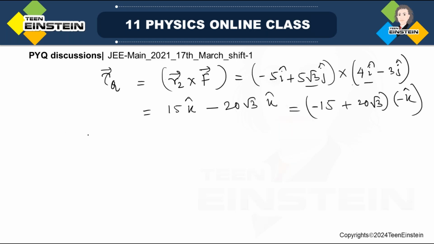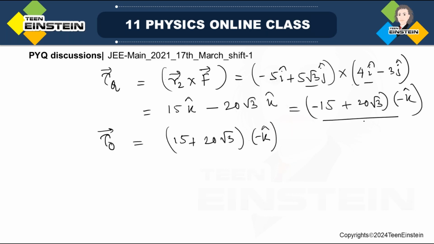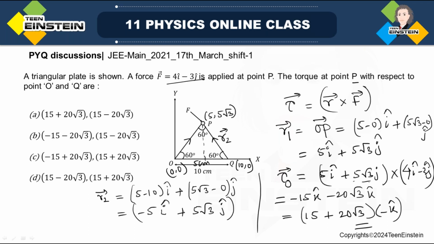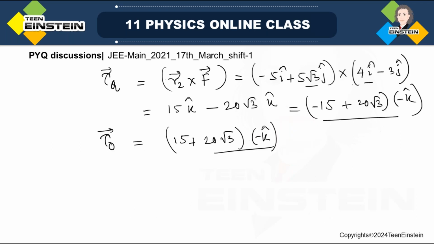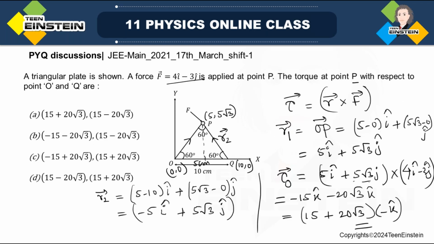So the torques are, with respect to O, we have got 15 plus 20 root 3 minus k cap, and this one we have got here like this. Let us cross check the options.